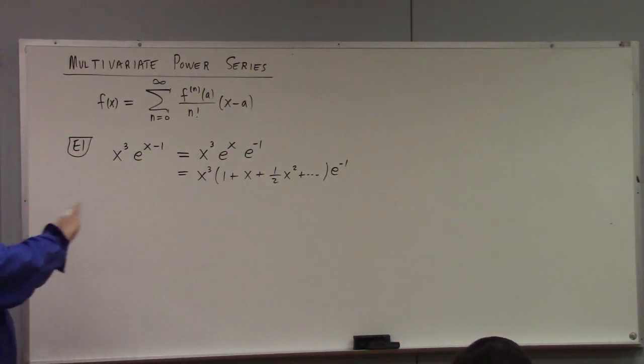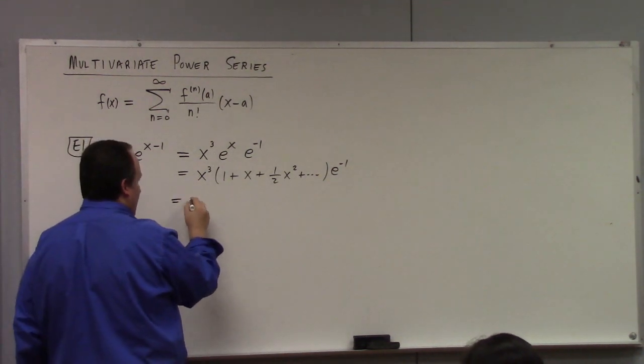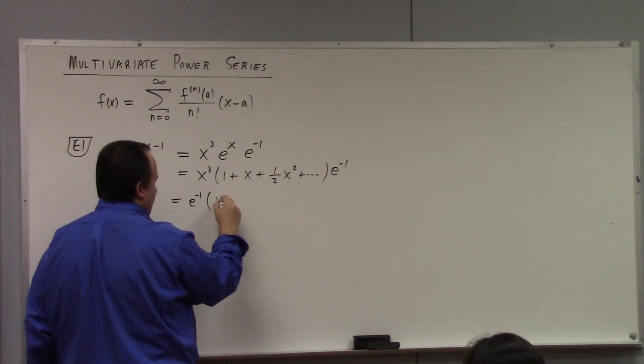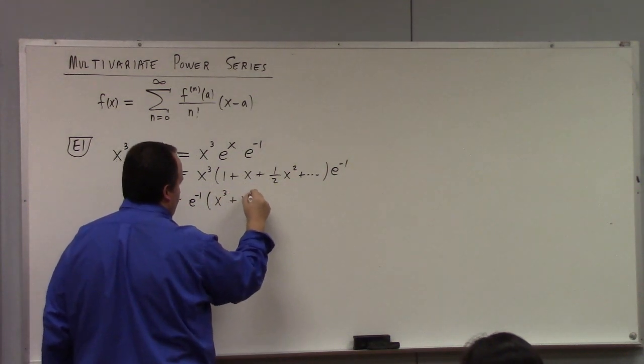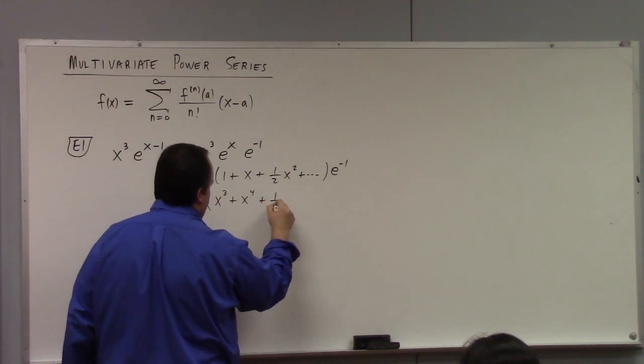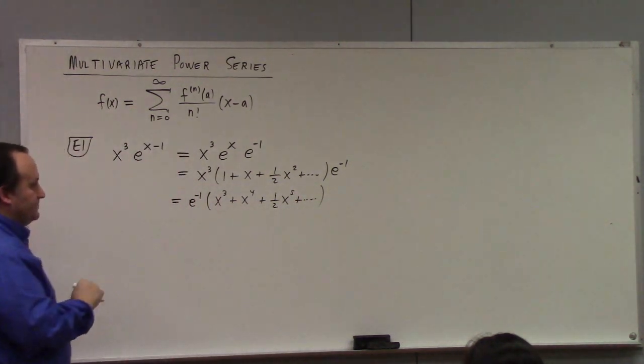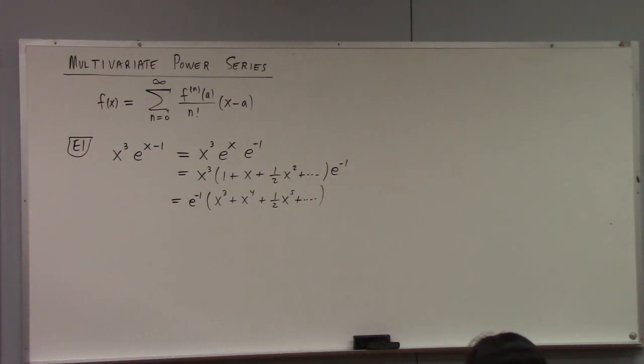Well, multiply through, right? I'll bring the e to the minus 1 out front, but I've got myself an x cubed plus x to the 4th, plus 1/2 x to the 5th, plus dot dot dot. There it is. That is how I would highly recommend you find the power series for that function.